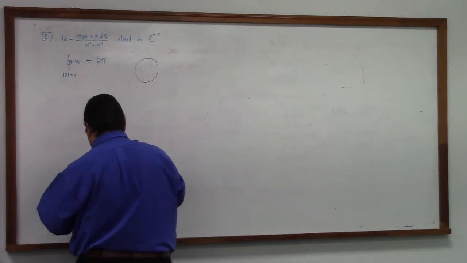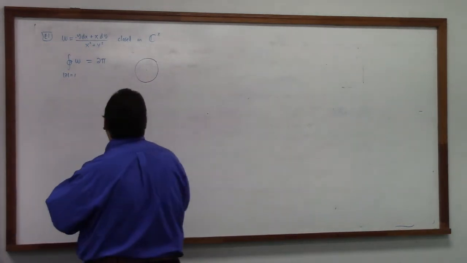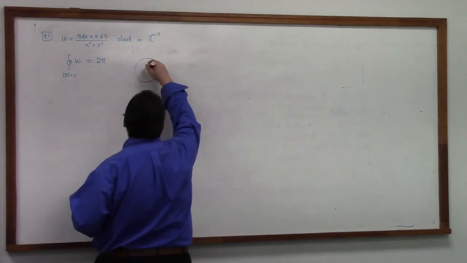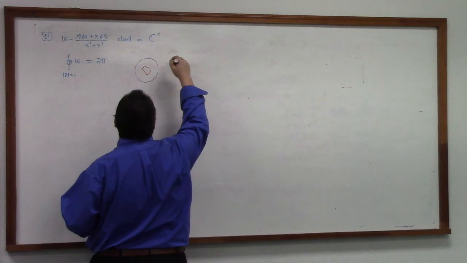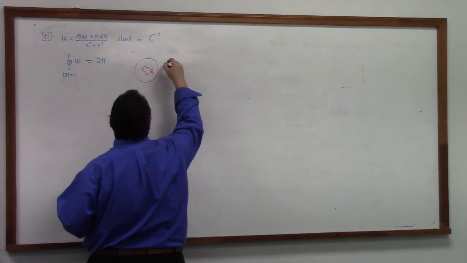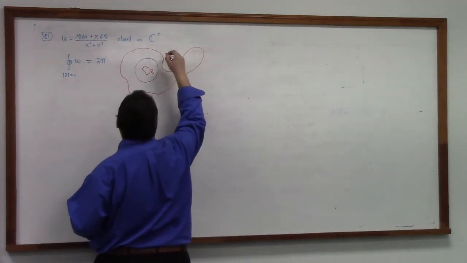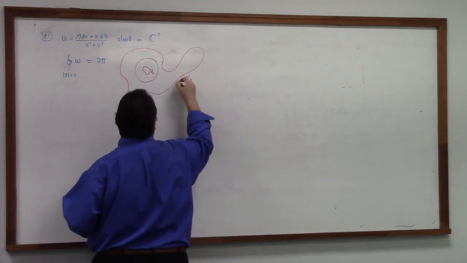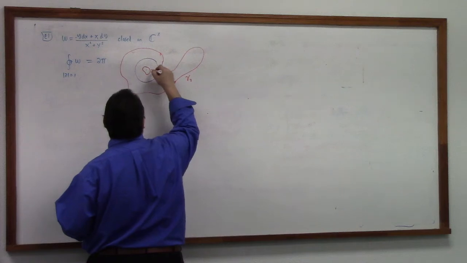You can take any curve you like, inside or outside of the circle, as long as it encircles the origin, like that. I'll call that gamma 2. Or you could put gamma 2 out here, as long as it's counterclockwise oriented.